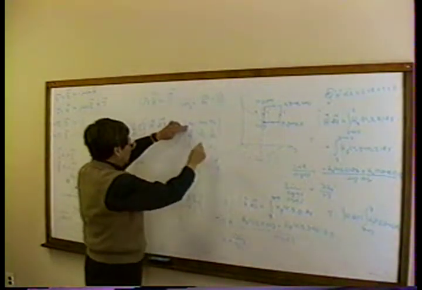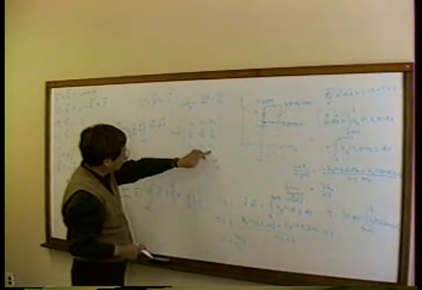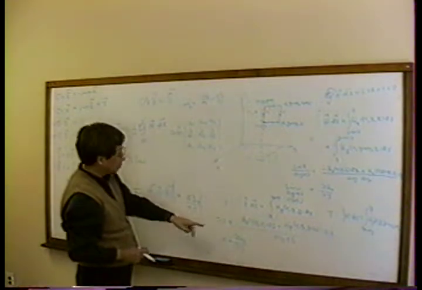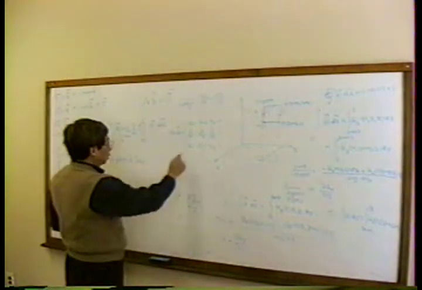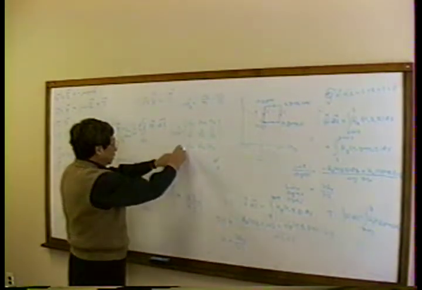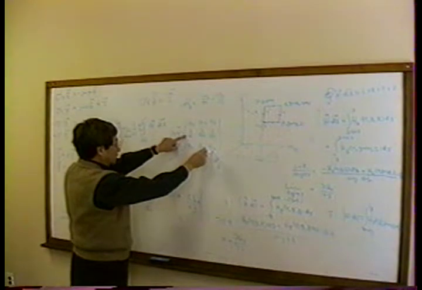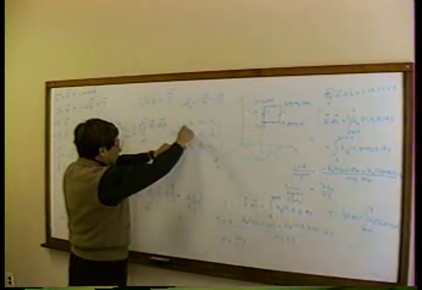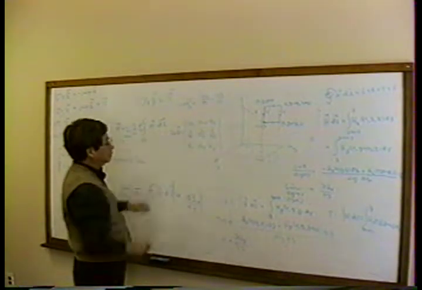I remember the x component is this way, dHz dy minus dHy dz. Right. I think we got it right. The y component will be dHx dz minus dHz dx. The z component will be dHy dx minus dHx dy.